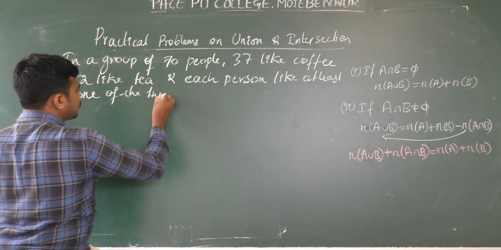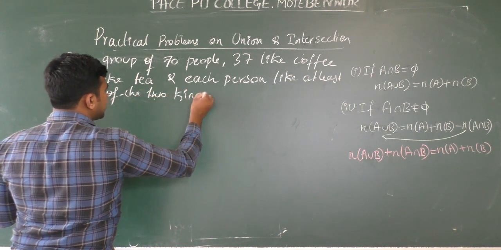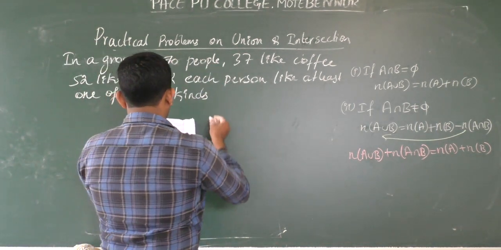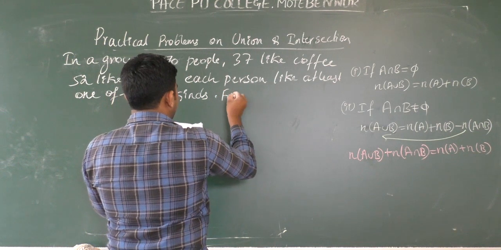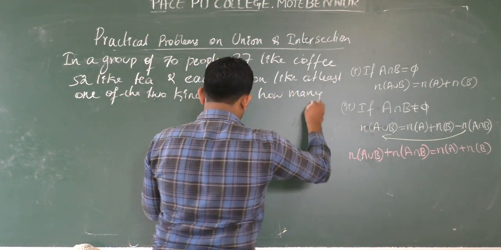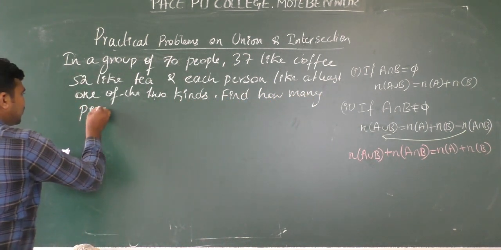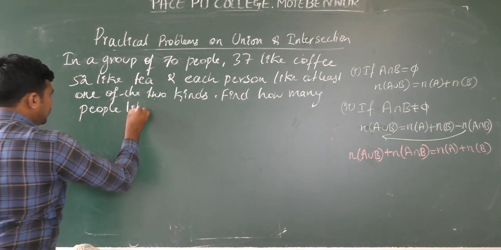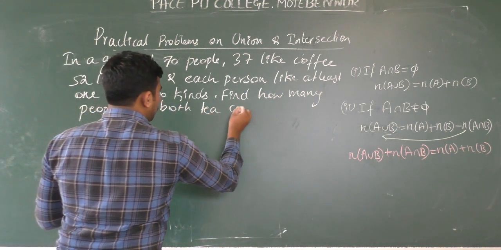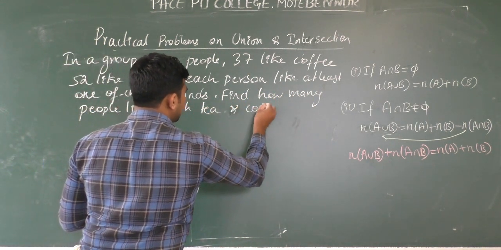Two kinds here means coffee and tea. Now find how many people like both tea and coffee. Same type of question as your previous one.